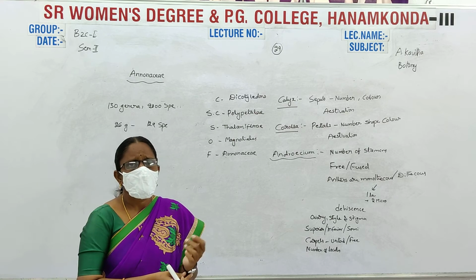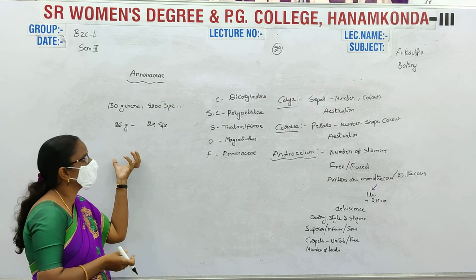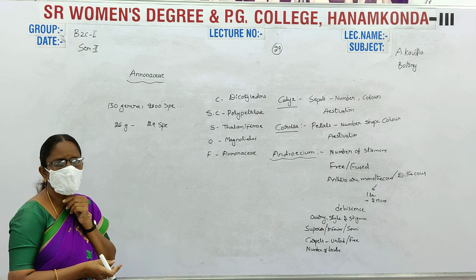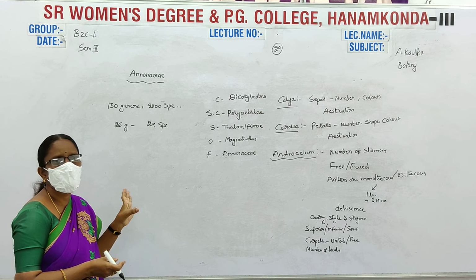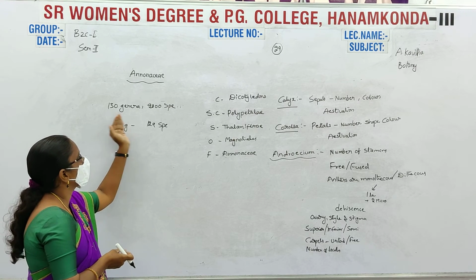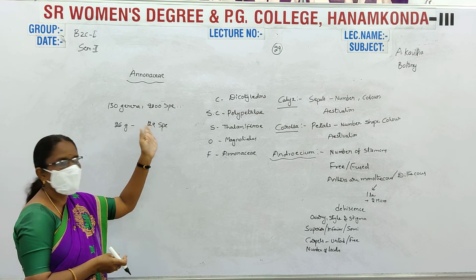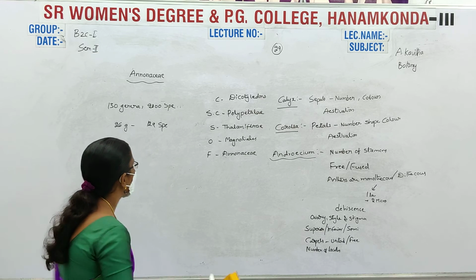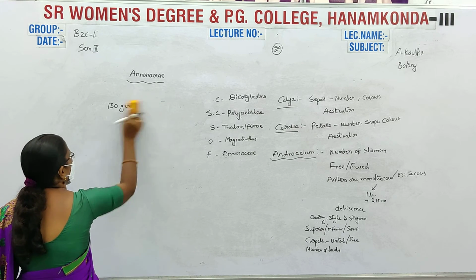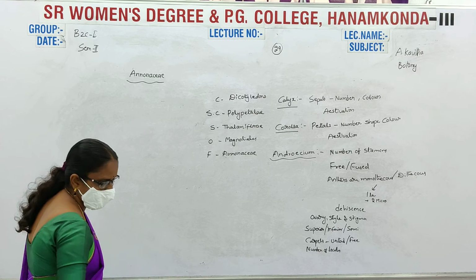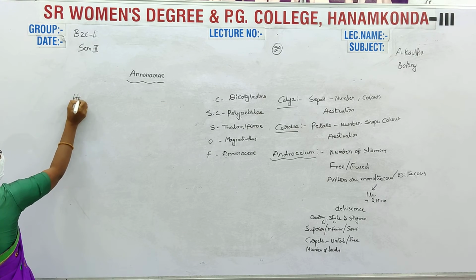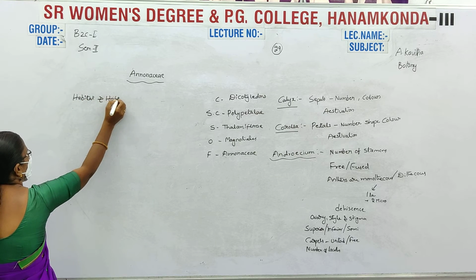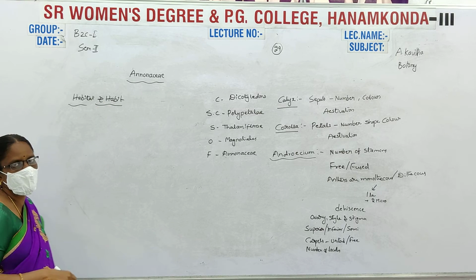Normally the plants live in all types of places. Mostly the Annonaceae family plants are mesophytic plants. 130 genera and 2300 species are present in the world, and 26 genera and 129 species are present in India. The next heading is habitat and habit of the Annonaceae family.